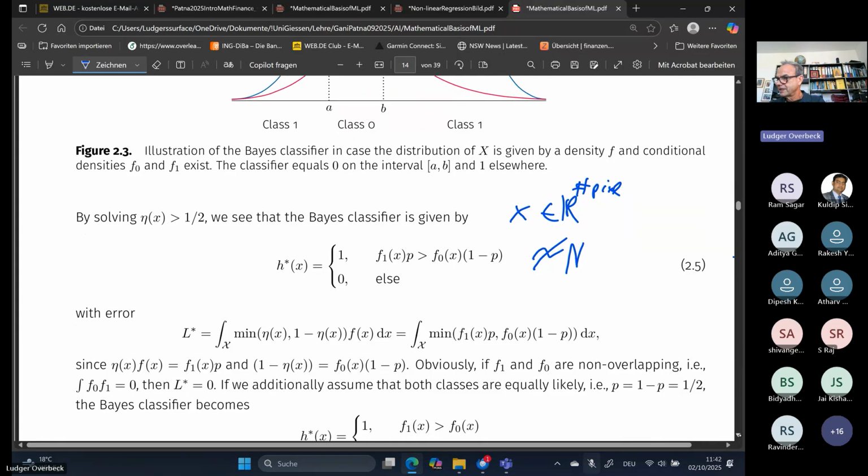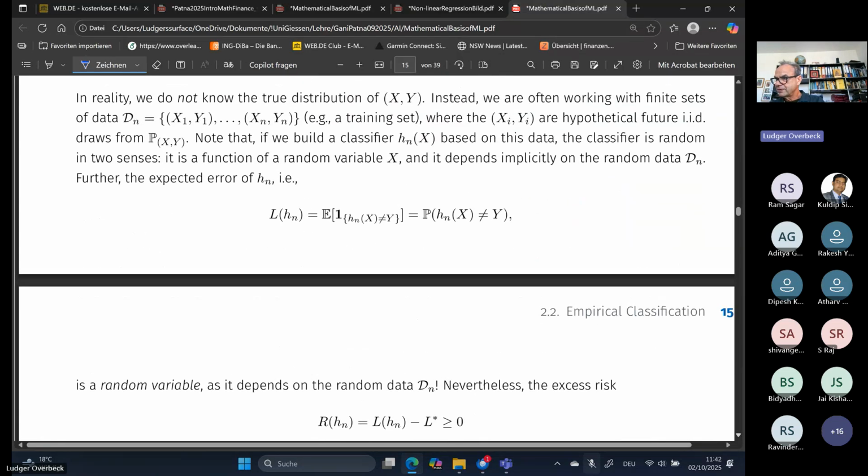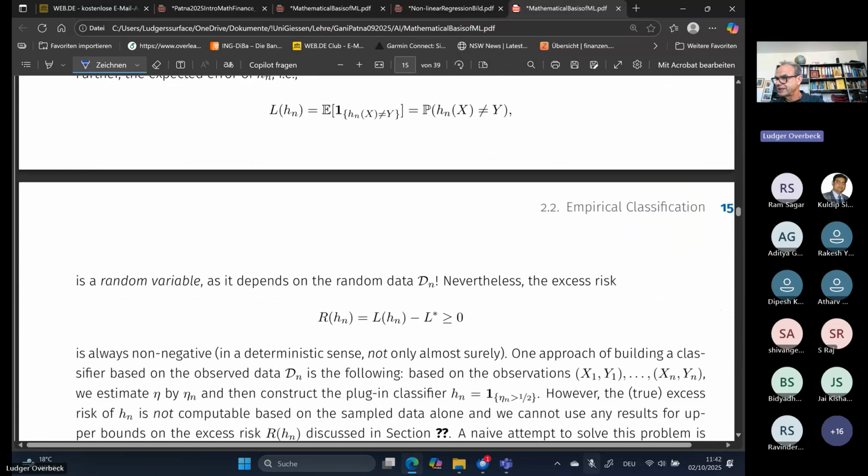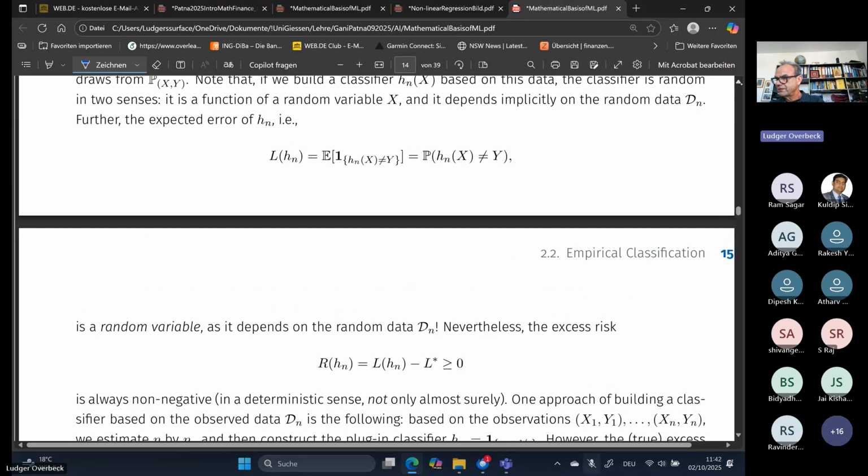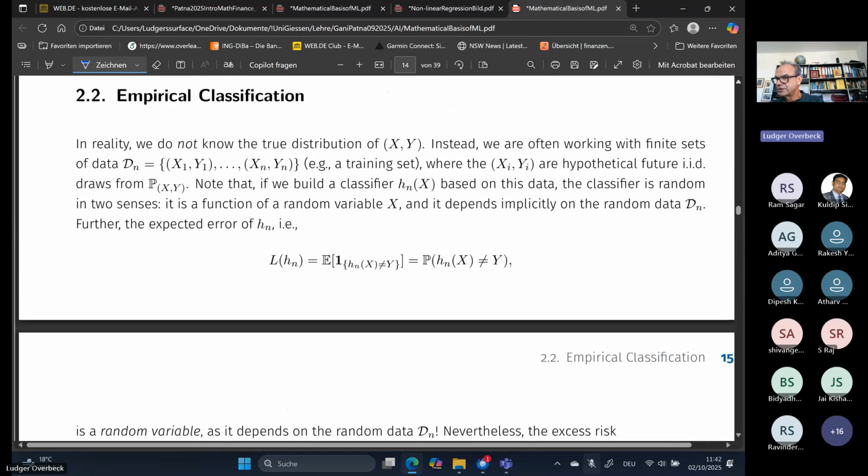So the empirical error, as I said, is just that now you replace the probability measure by the distribution of the data. Of course, if you think you just sampled from the underlying truth, you can also calculate the expectation.